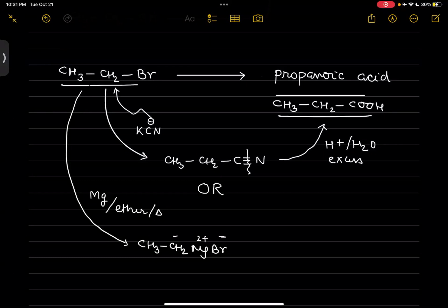Now think what extra you need to put: COOH. That can be put by reacting with CO2. This carbanion is going to combine with the CO2 molecule.